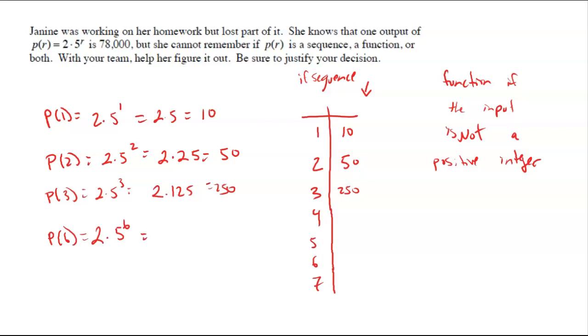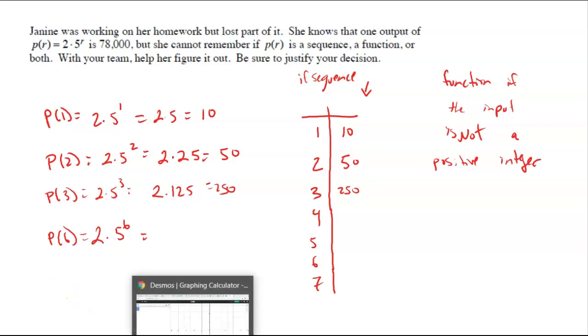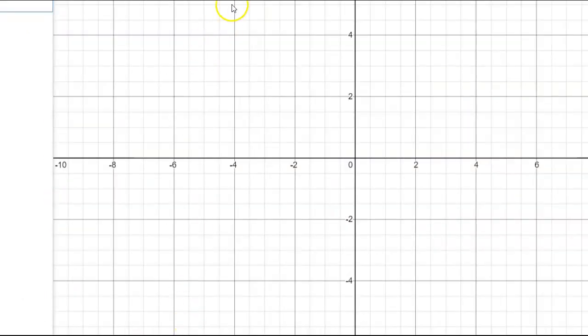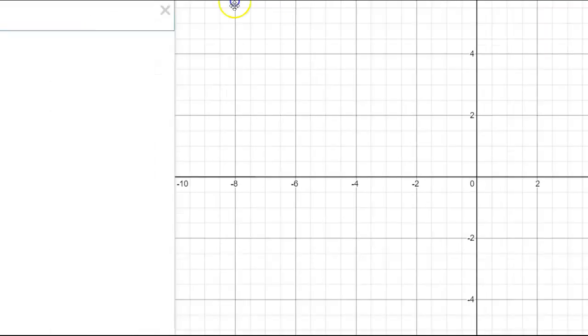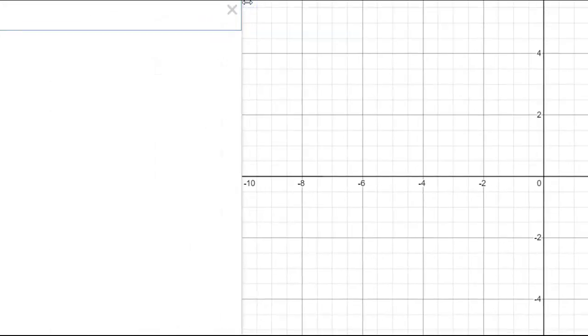Now, I don't have a calculator, so I'm going to use Desmos. So let's pop this up to Desmos really fast. So 2 times 5 to the power of 6.